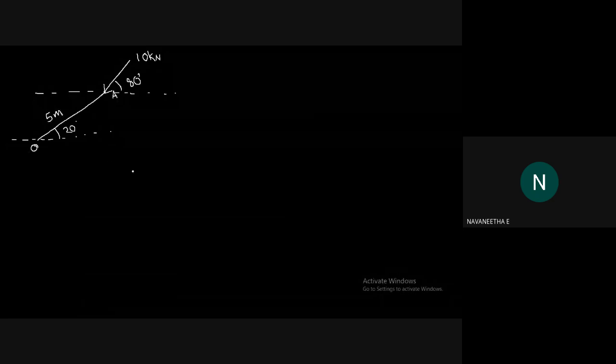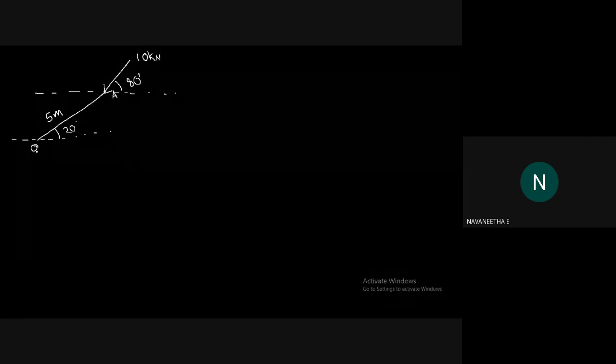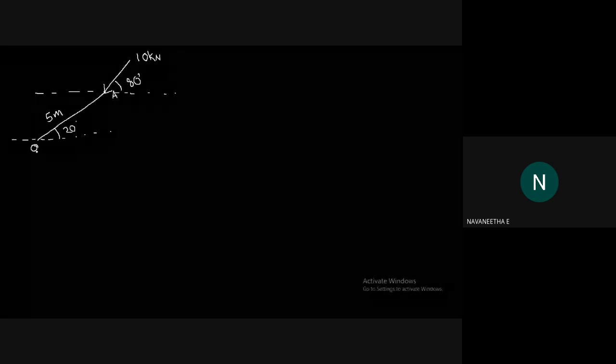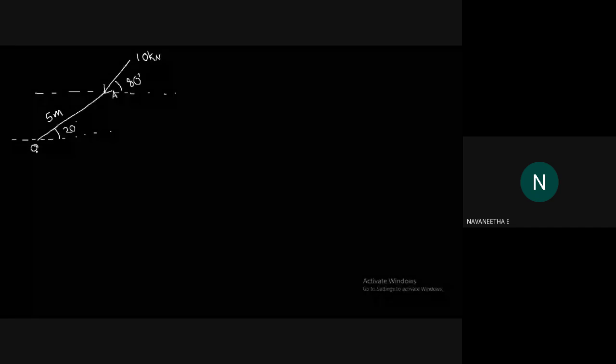So here the 10 kilonewton force is applied to the beam OA not in the perpendicular direction. It makes an angle of 80 degrees with the horizontal. It is not perpendicular to the beam OA. Our equation to find the moment is F into perpendicular distance.